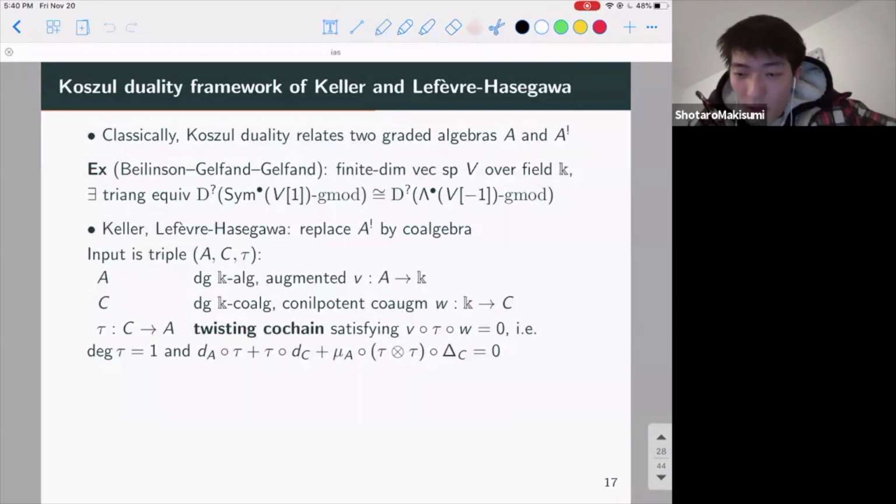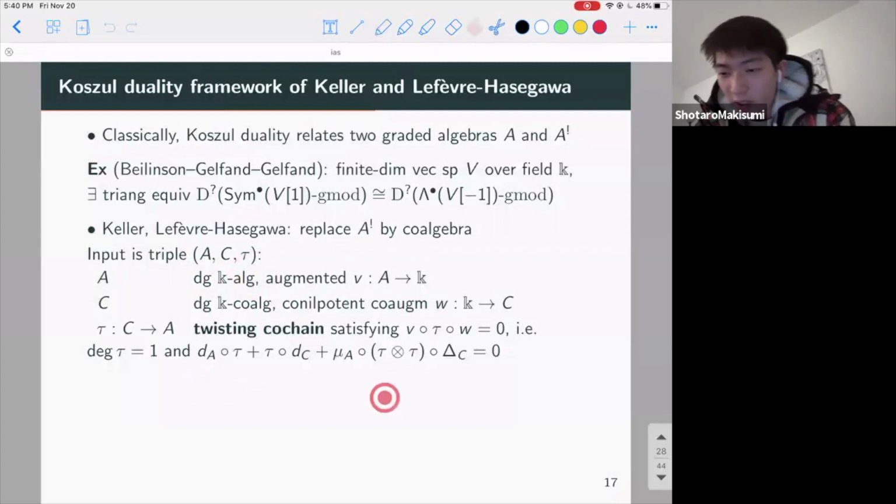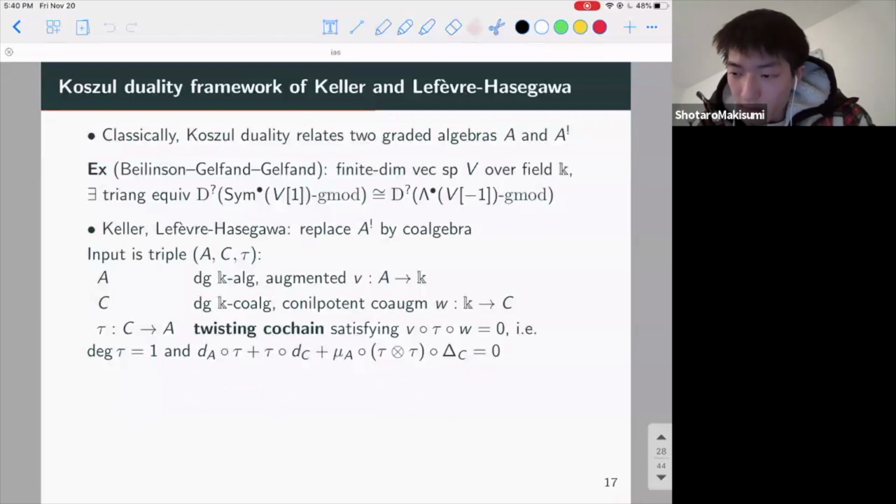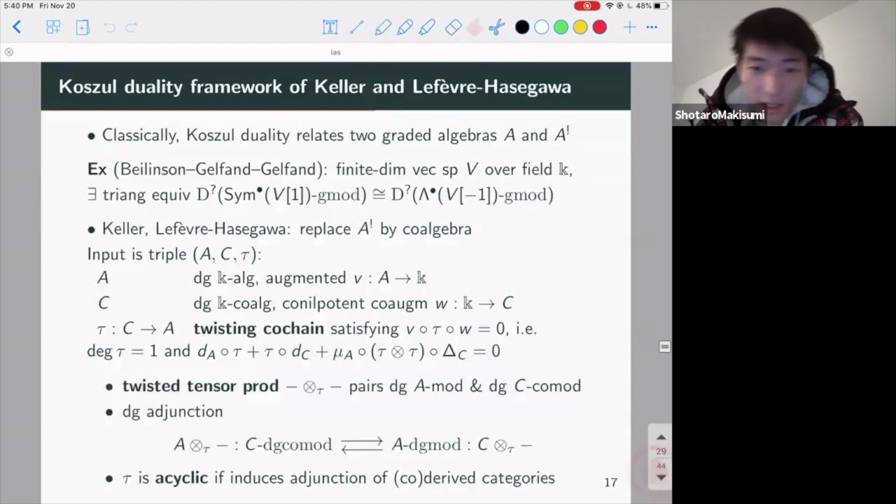There's a more modern formulation of Koszul duality that's due to Keller and his student Lefèvre-Hasegawa. Their idea is to replace the Koszul dual algebra by a coalgebra. So their starting input is actually a triple consisting of an algebra, or maybe DG algebra, a coalgebra, and some structure relating them called a twisting cochain, which is required to satisfy some sort of Maurer-Cartan condition.